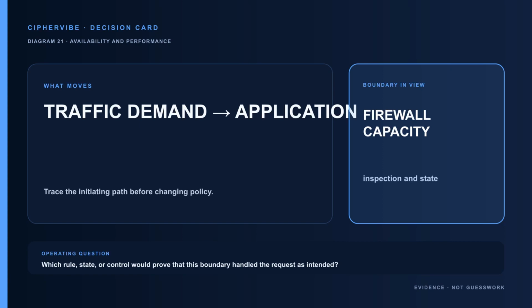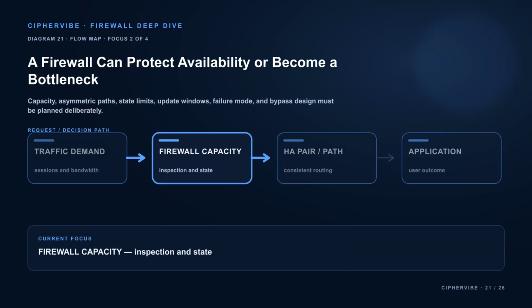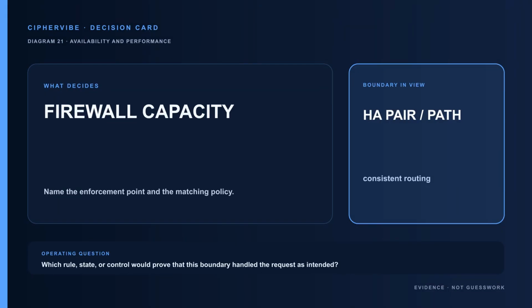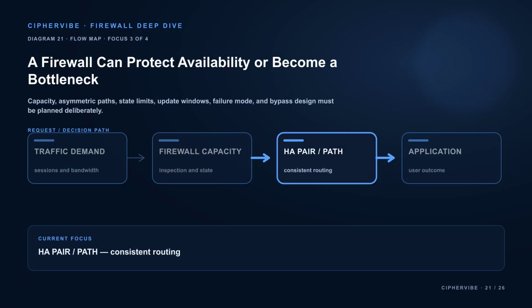A firewall placed inline affects availability. It may track sessions, inspect traffic, decrypt selected flows, enforce threat prevention, generate logs, and route packets. Each capability consumes resources and can interact with traffic shape. Long-lived connections, sudden session growth, large encrypted transfers, asymmetric routing, policy compilation, log back pressure, and software updates can all change behavior.